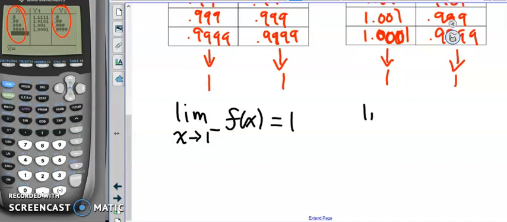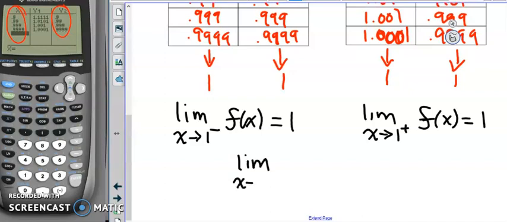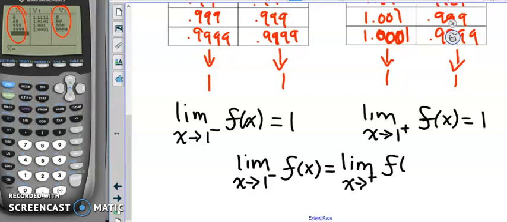As we're looking from the right side, we get 1. So they equal each other, which is cool, which we need. So 1 equals 1.